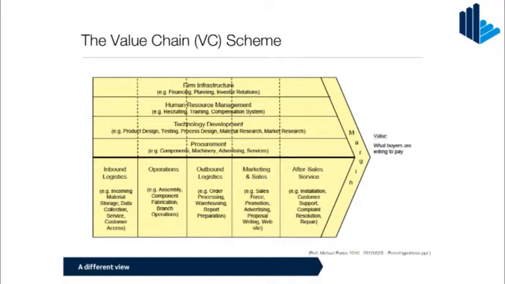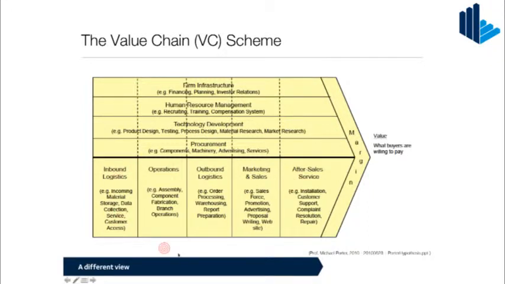Some are identified as primary processes, and these primary processes that you can see here include activities related to inbound logistics, activities related to operations or manufacturing, activities related to outbound logistics, and then the processes of marketing and sales and after sales services.